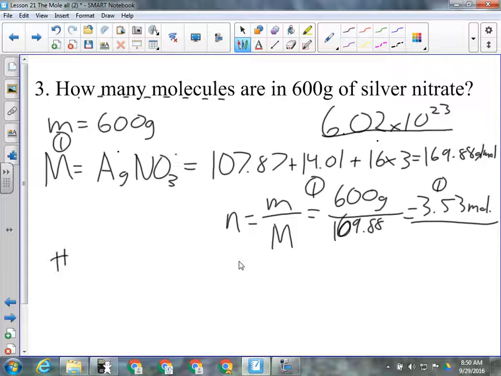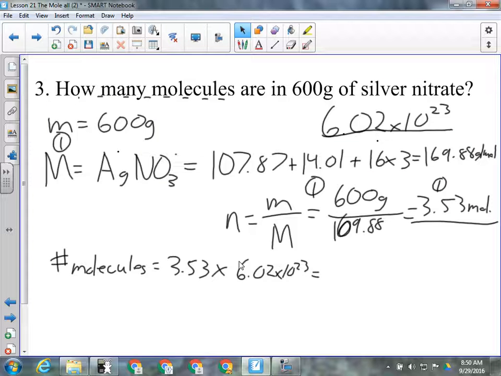Okay, so the number of molecules equals 3.53 times Avogadro's number, 6.02 times 10 to the 23. Now, the big question is, how do I put that number into my calculator? Well, let me show you.